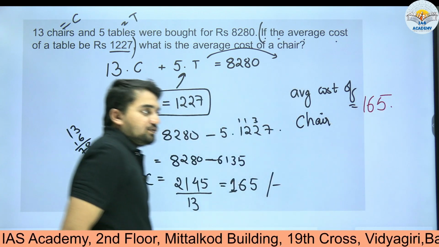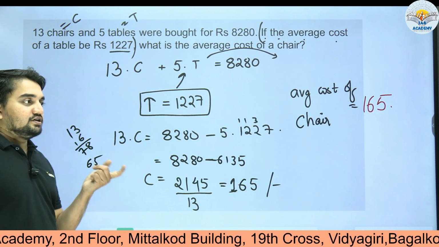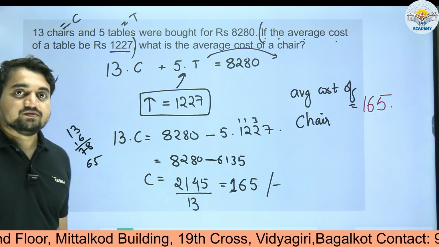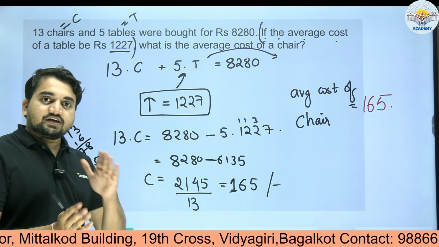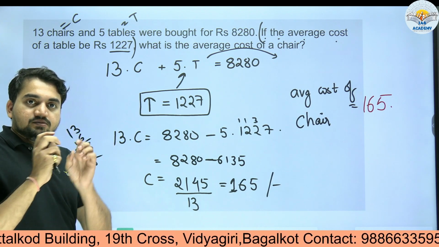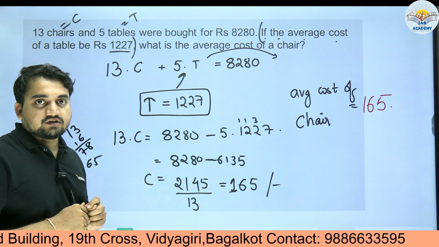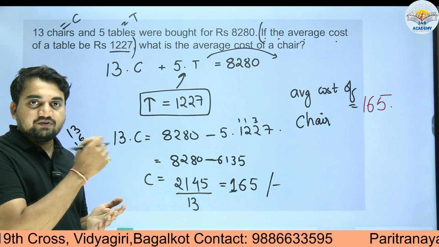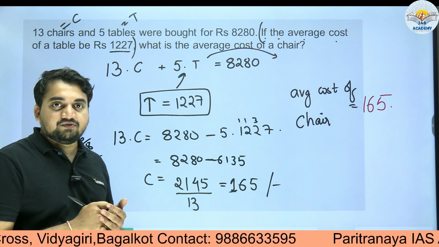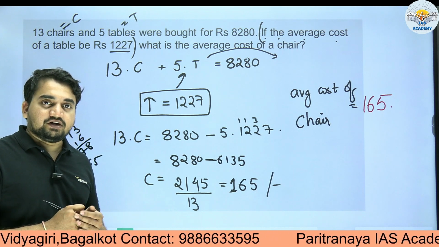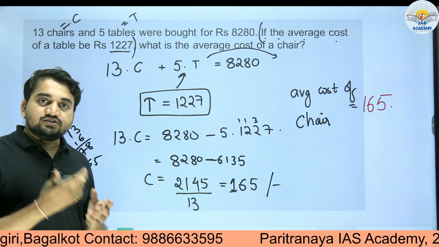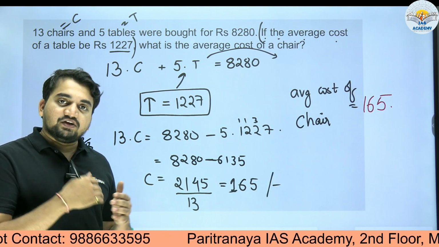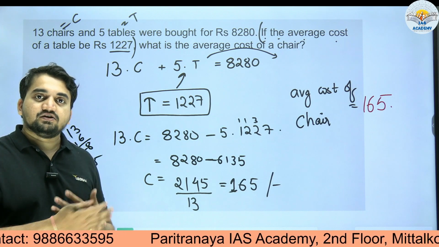Okay, I hope you got the concept of why I have taken T is equal to 1227 directly. Because once we take an average, each observation becomes the same value as the average. Just like with A, B, C, if we take 10, 15 and 20, the average is 15: the average of A is 15, of B is 15, and of C is 15.